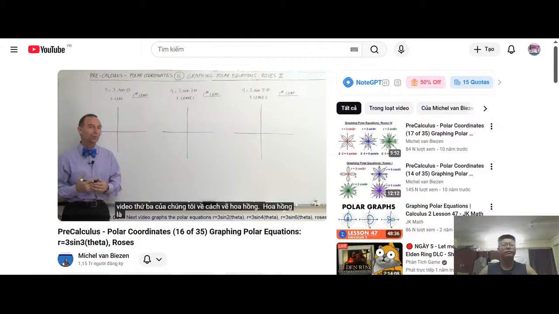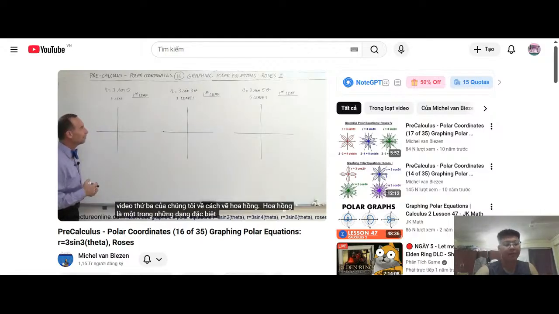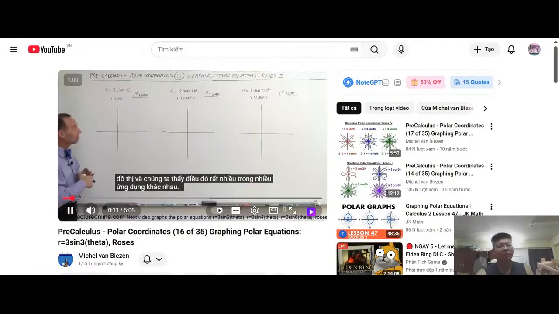Roses is one of those peculiar forms in polar coordinates, and we start graphing a lot of different applications. Let's go ahead and do this one as well.